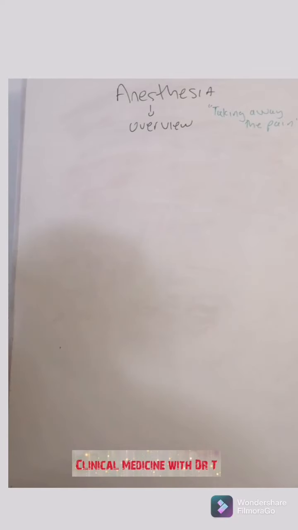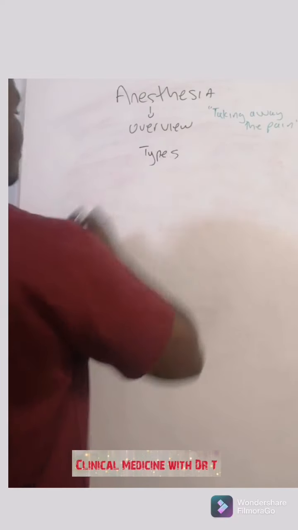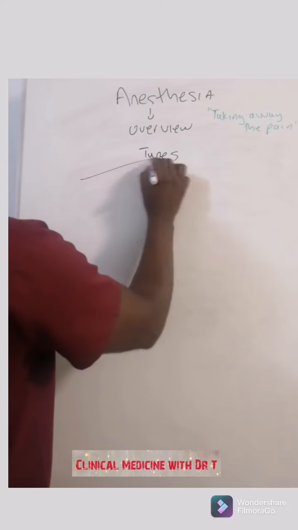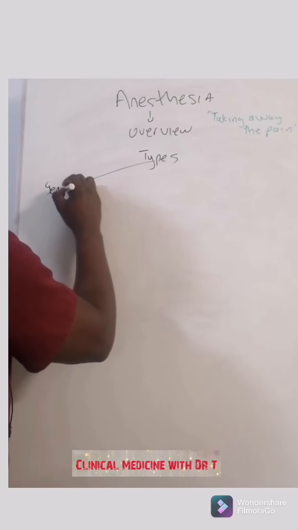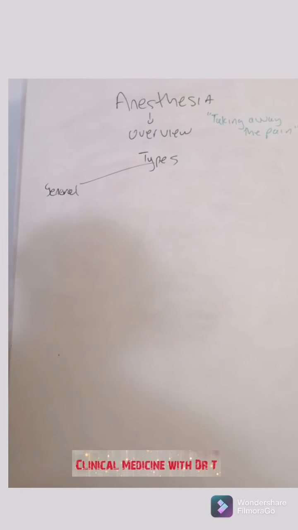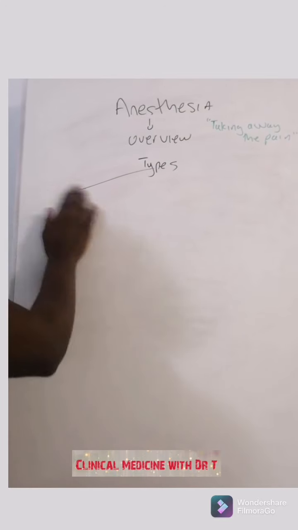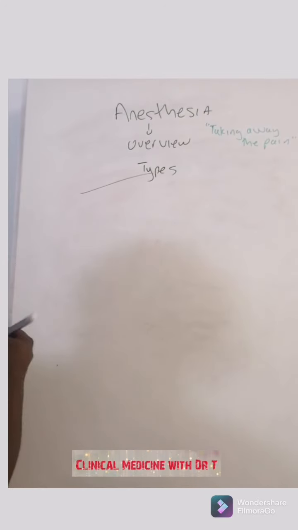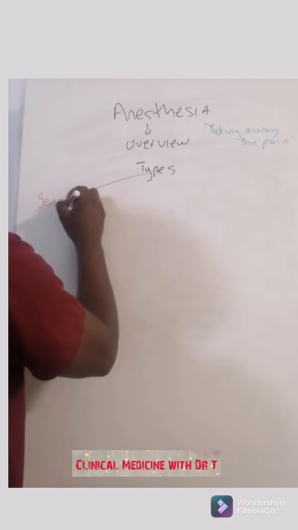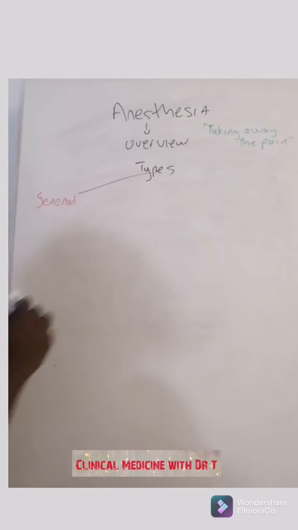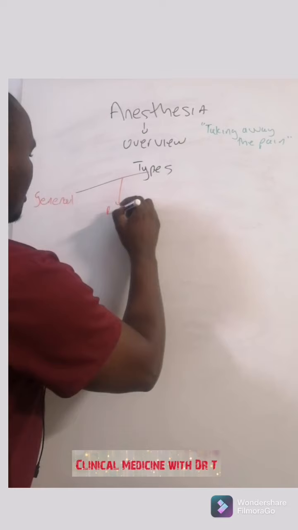Now, what are the types of anesthesia? There is general anesthesia. We have regional anesthesia.